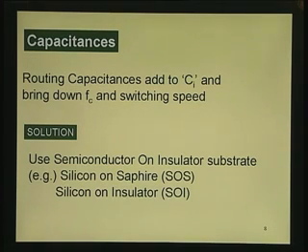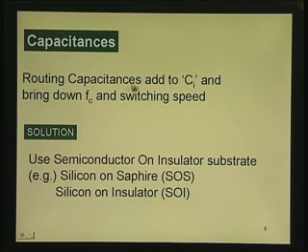Okay. Now, the capacitances. You never like the capacitance to be large at the input side from the point of view of the cutoff frequency. That should be kept low to increase the cutoff frequency and to improve the switching speed.